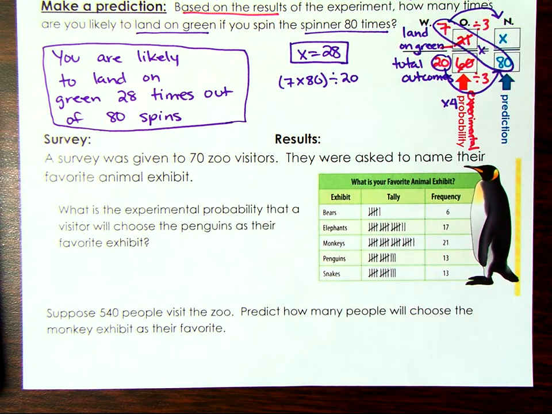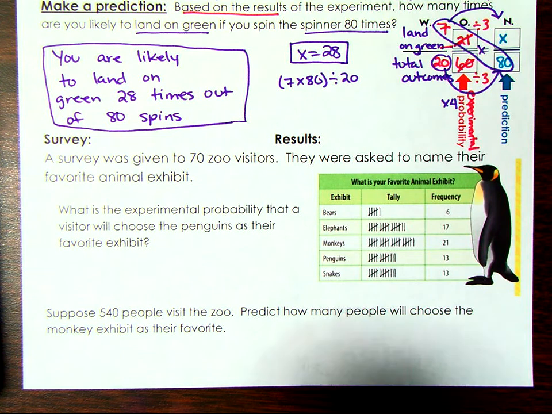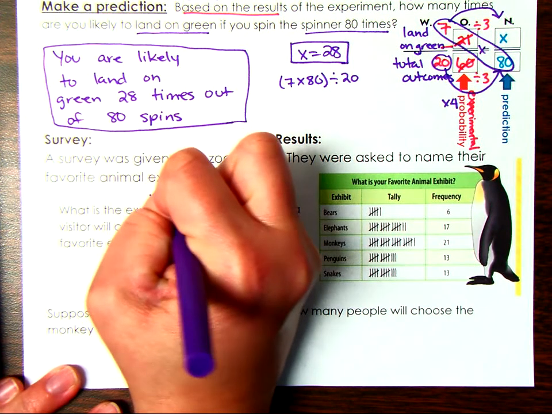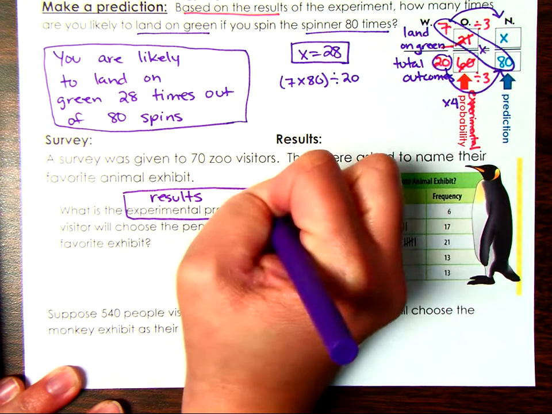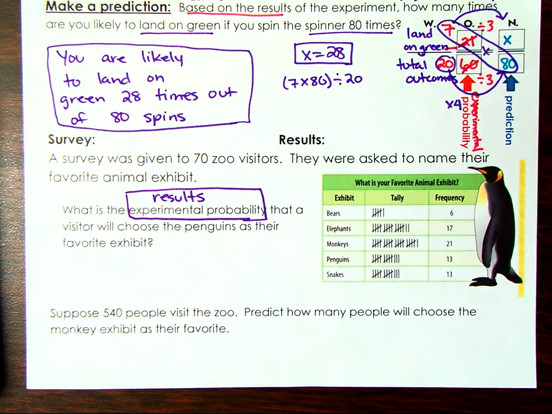We have a couple more. So if we have a survey and we have our results, and it says a survey was given to 70 zoo visitors. They were asked to name their favorite animal exhibit. What is the experimental probability? So that means the results, based on the results, key phrase right there, that a visitor will choose the penguins as their favorite exhibit.